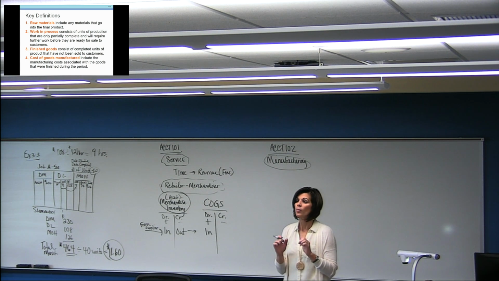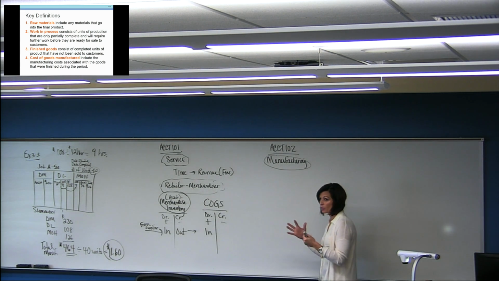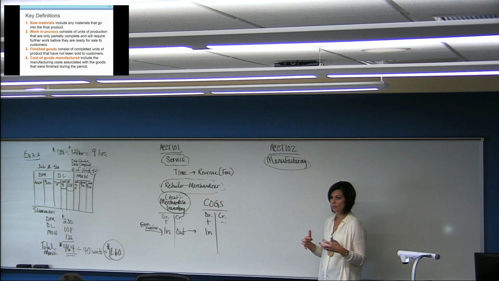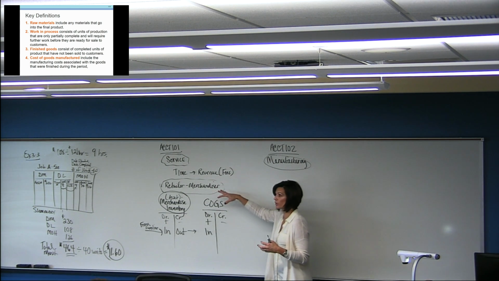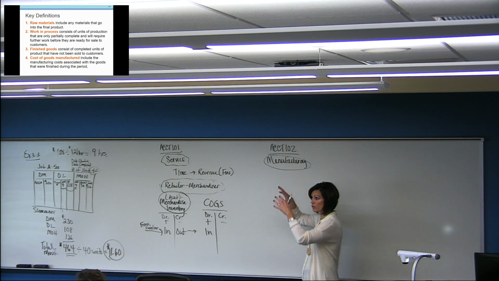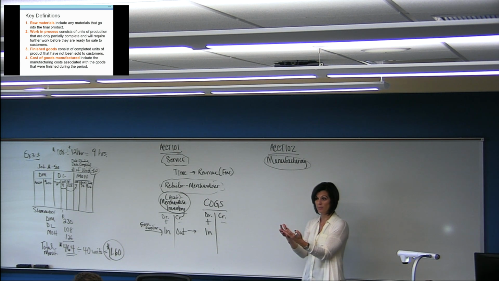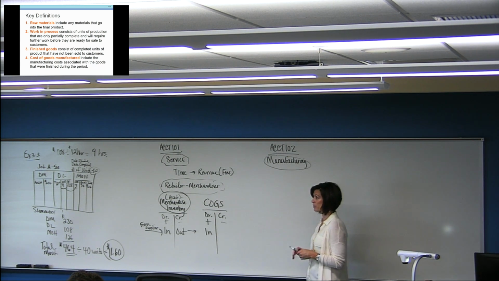They can. But we don't need all of the concepts that we learn if we're applying to a service or a retailer. So the reason we use the manufacturer is because it's pretty much all-encompassing as far as all these concepts. Because when you're giving examples, you want to give examples that include as much as possible. So we use the manufacturing firm for that.